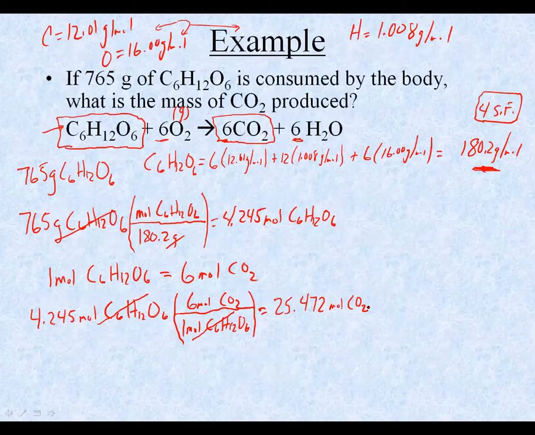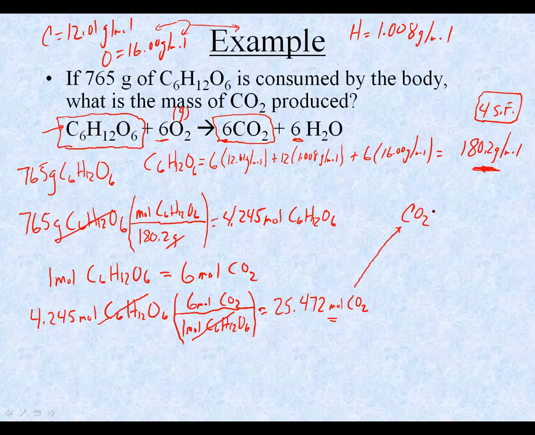So in this case, we are not looking for moles. So we do have to do that very last step, which is to convert our moles into grams. And to convert our moles into grams, we will need the molar mass. But the molar mass that we want to use here is for CO2, because we have now converted into CO2.